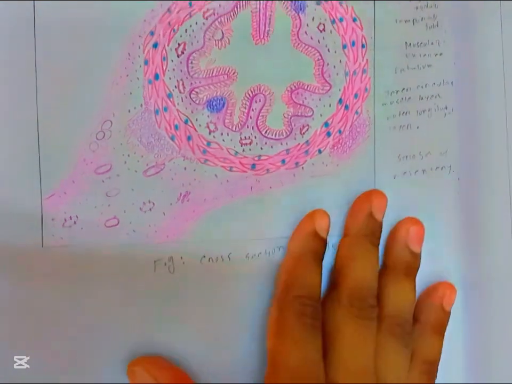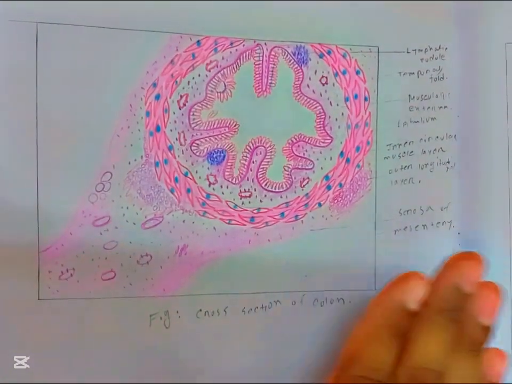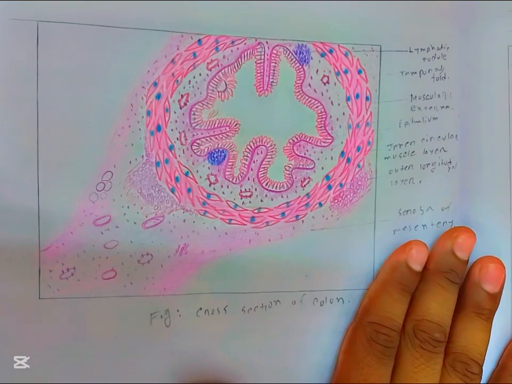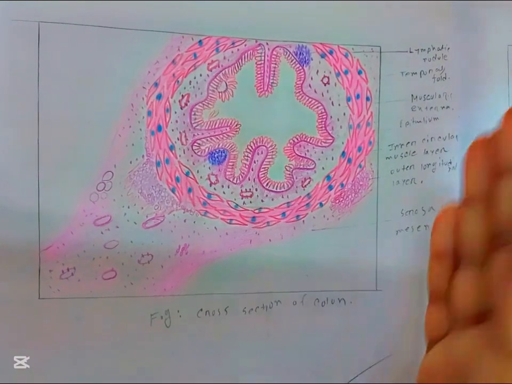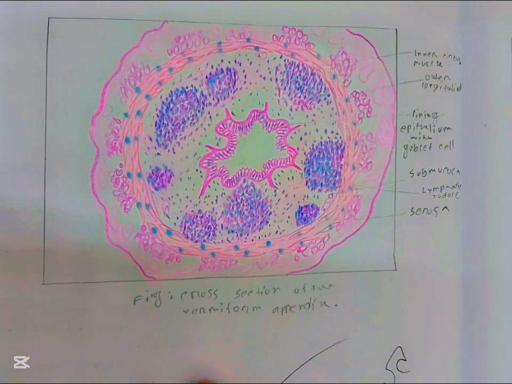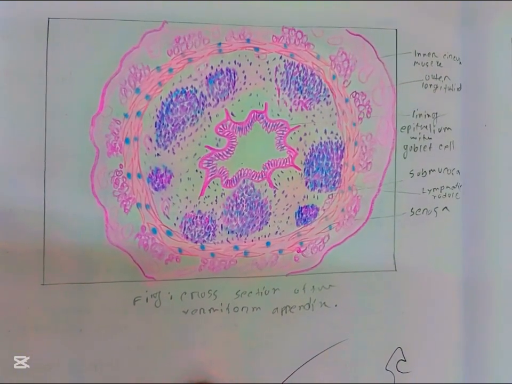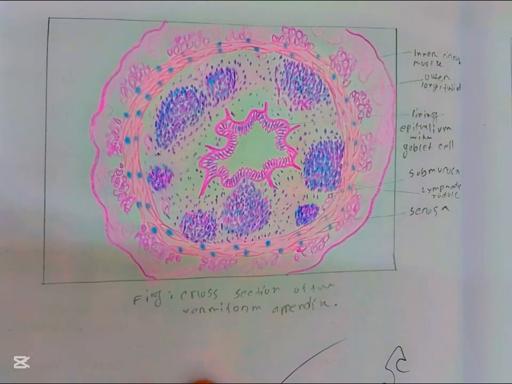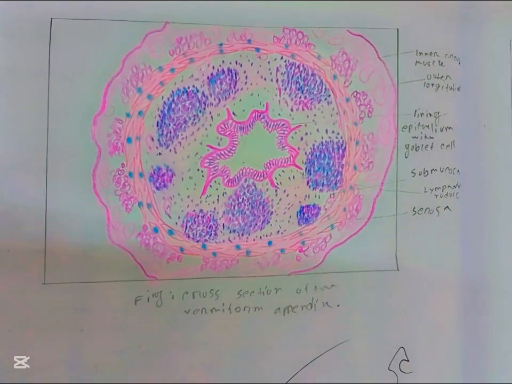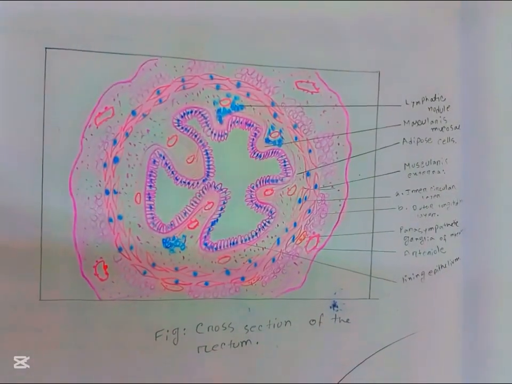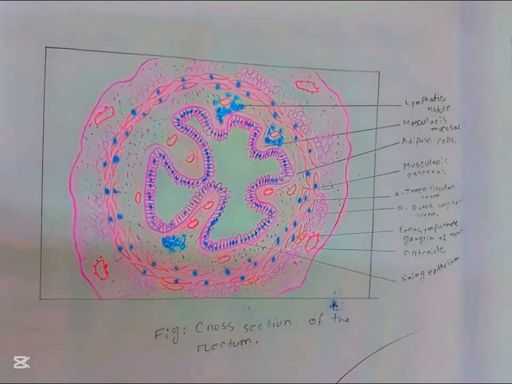The colon. This is the histological figure of colon. It is the cross section. Then next, the histological figure of appendix or vermiform appendix. Then next, this is the histological figure of rectum.